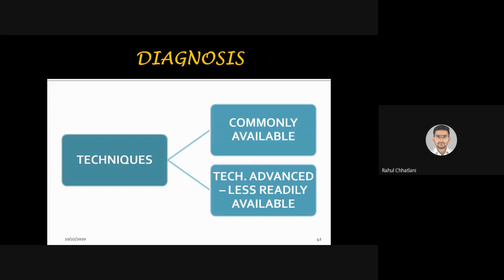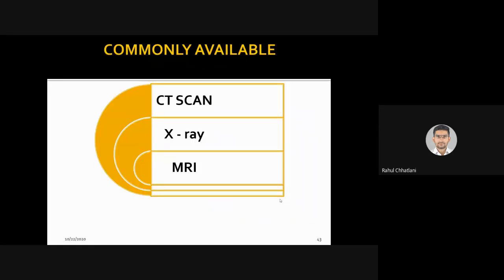Diagnosis is based on two specific groups of tools: commonly available ones and some advanced techniques, like PET scan or functional MRI. First, CT scan, X-ray and MRI. These are readily available in hospitals and can be helpful to diagnose the patient with such conditions.